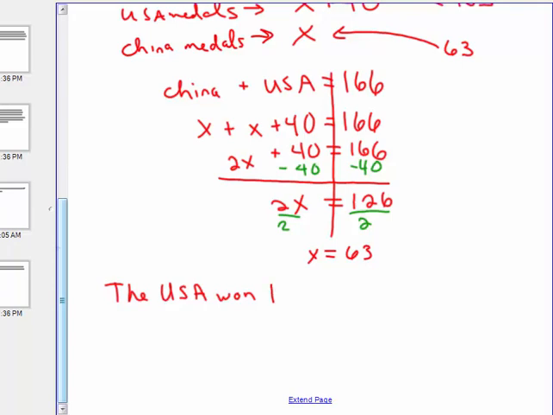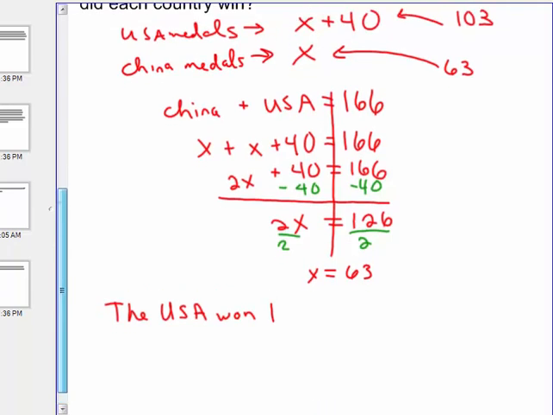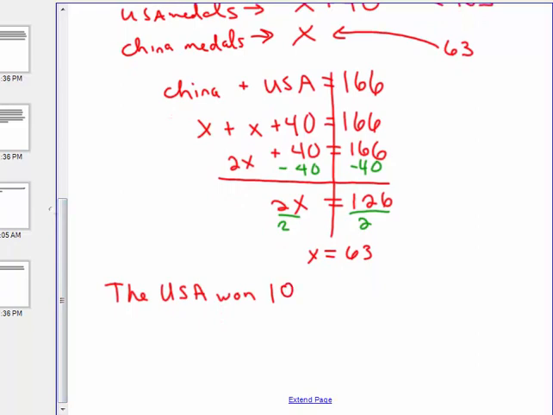I do want you to write some sort of statement at the end, in complete sentences, that tells what happened for each of them. So the USA won 103 medals, and China won 63. That would be the final part that we're looking for there.